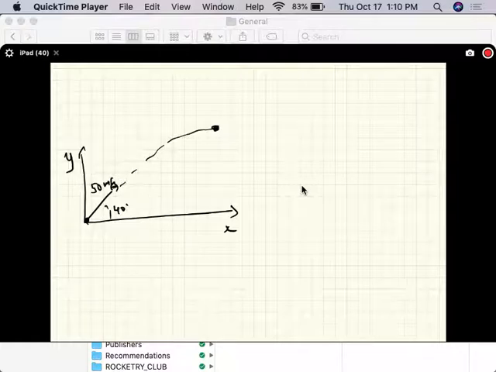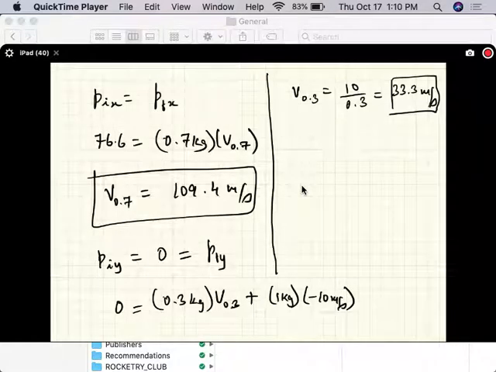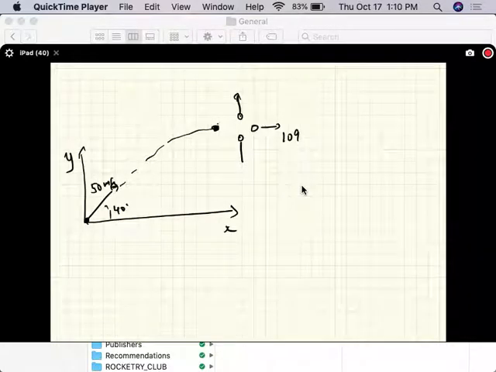Just before it explodes, its velocity is, and this piece is going at 109.4 meters per second.